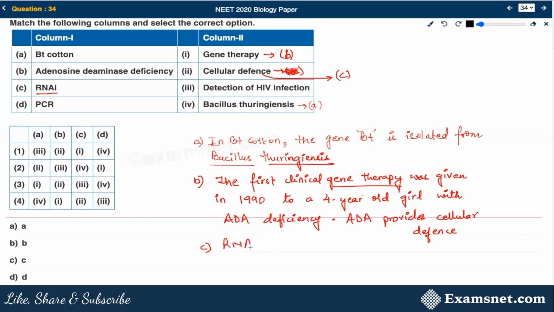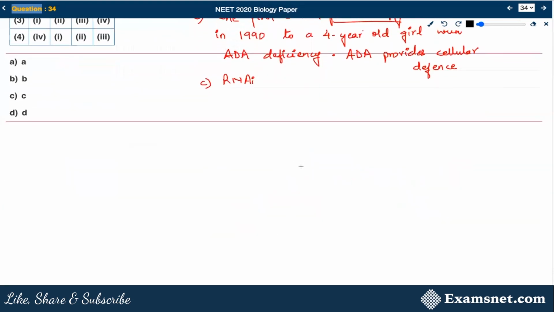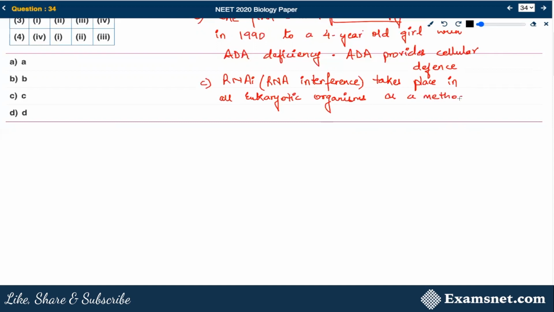You can just write that RNAi, which is also called RNA interference, takes place in all eukaryotic organisms as a method of cellular defense. It doesn't happen in prokaryotic organisms. So this will be the correct answer.